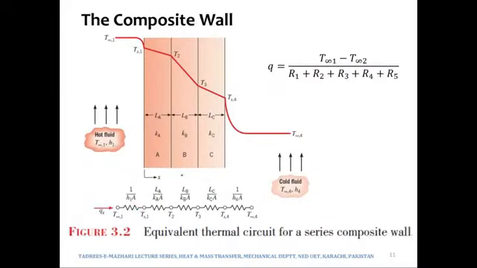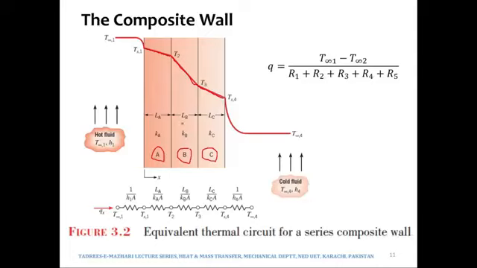Again, the case of composite wall from our book, there are now three different materials. We have material A having conductivity Ka, material B having conductivity Kb, and material C having conductivity Kc. And you can see that different conductivities will result in different temperature gradients. The slope over here is different, the slope over here is different, and the slope over here is different.